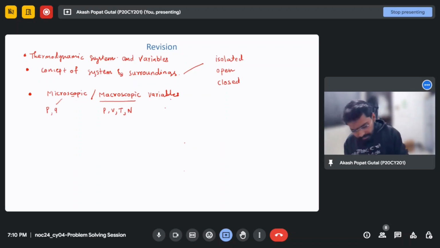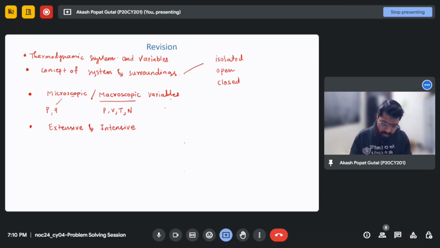After that, we also have seen the extensive and intensive properties or variables.